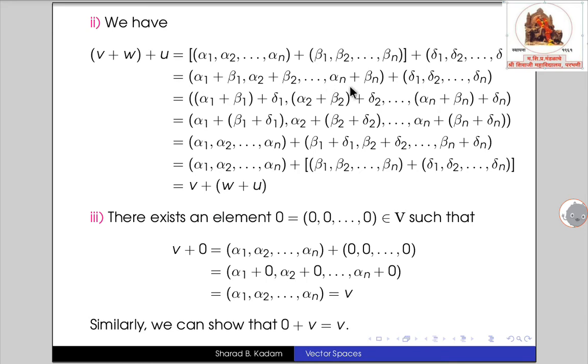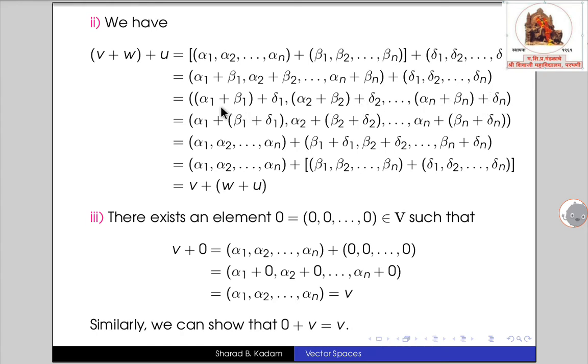The nth component will be alpha n plus beta n. We keep U as it is. Now we have two vectors, this is the first vector and this is the second vector. We add these two vectors component wise. Again we have alpha 1 plus beta 1 plus delta 1, alpha 2 plus beta 2 plus delta 2 and so on, and the nth component is alpha n plus beta n plus delta n.